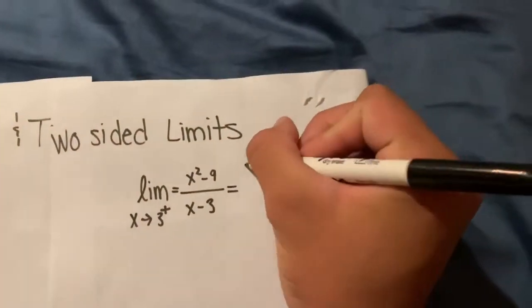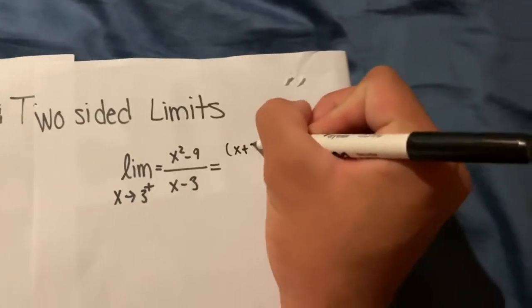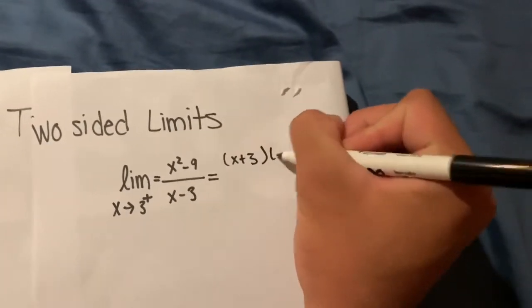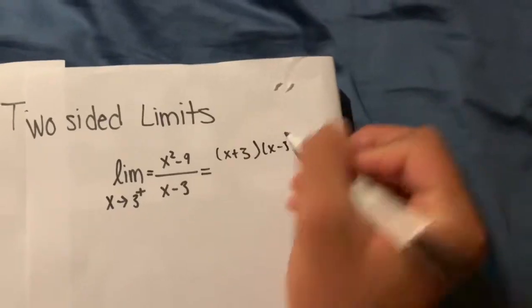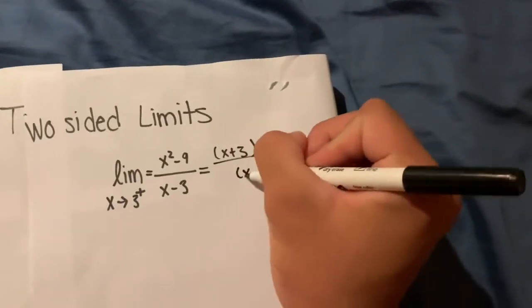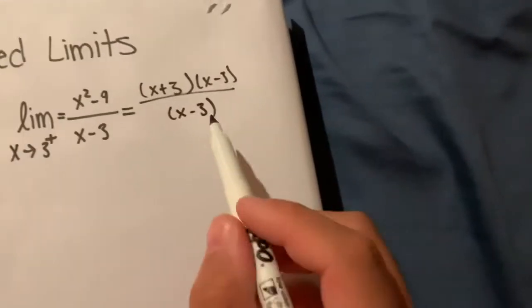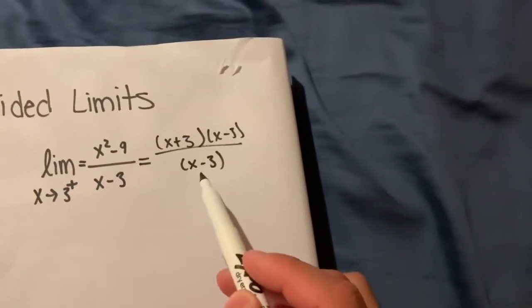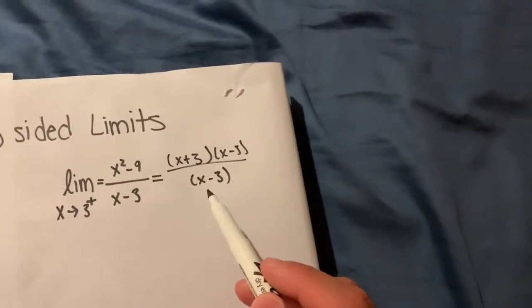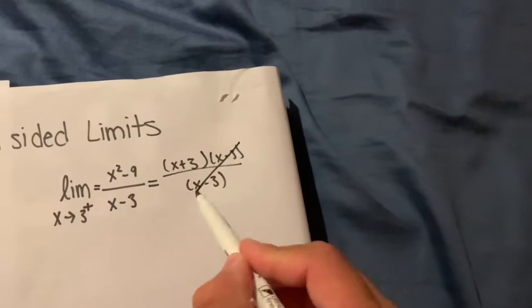When we factor the top equation, we get x plus 3 times x minus 3 over x minus 3. Notice how there is an x minus 3 at both the top and the bottom, meaning that we can cancel both of these out.